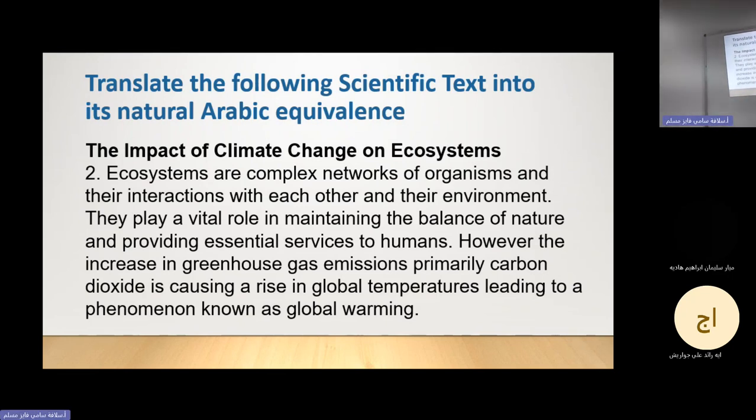This is scientific and technical translations. Now, you need to have lots of vocabulary. That's actually okay.